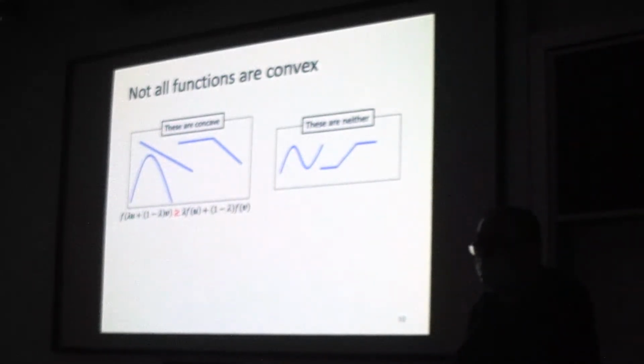It will be concave, like minus x squared. And the min function, the negative of the max function, is concave. And a linear function is also a concave function. Why? Because for linear functions, this is not an inequality, it's just an equality, so it is satisfied for both convex and concave functions.